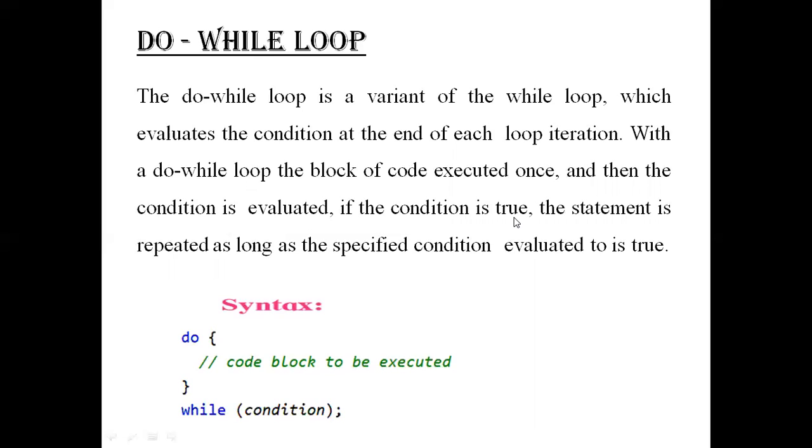If the condition is true, the statement is repeated as long as the specified condition evaluates to true. Okay, till the condition is true, it is evaluated. When it becomes false, the loop is exited. Okay, so in the second slide, I have shown the differences between the do while and the while loop.